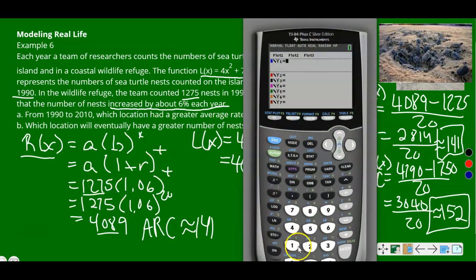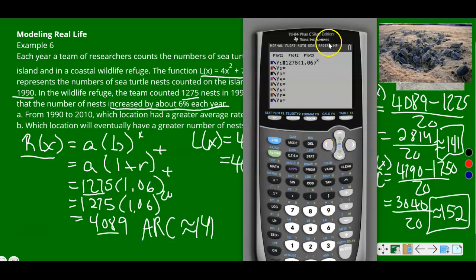So I've got 1275. Make sure you type it in correctly. 1275 times 1.06 raised to the x power.